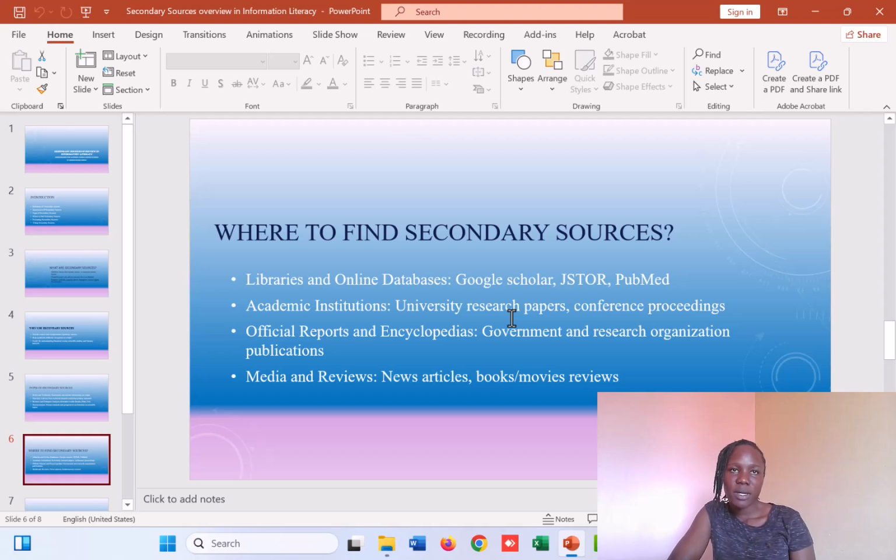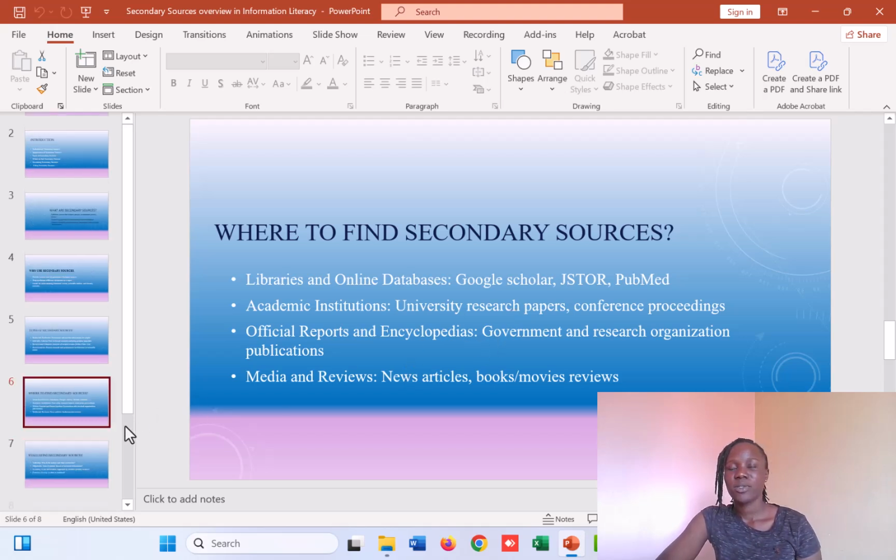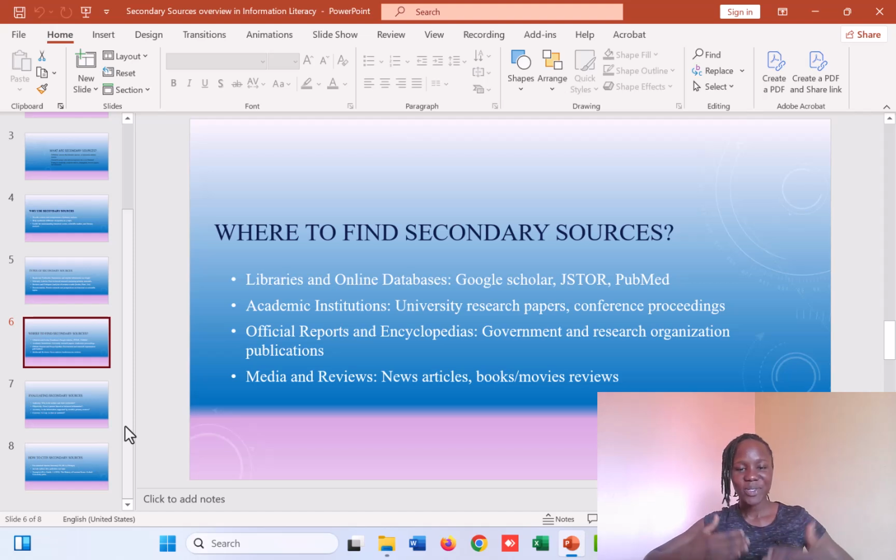Another place to find secondary sources is in official reports and encyclopedias, like government and research organization publications, and also in media and reviews, where we have news articles, books, or movie reviews. So we already have the concept of secondary sources, and we have seen the types.